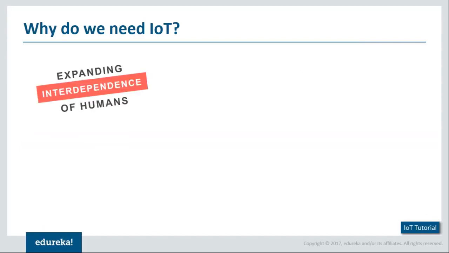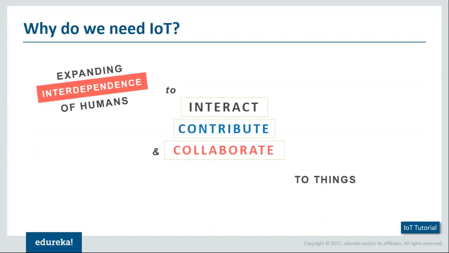Now, Internet of Things basically is expanding the interdependence of humans to interact, contribute, and collaborate with things around us. What do I mean by interdependence of humans? How we depend on each other, like how I'm explaining this concept to you. If you're not clear, you would reach back to me and request my help. This becomes an interdependence between us. When I'm giving you knowledge and you're not clear, you come back to me.